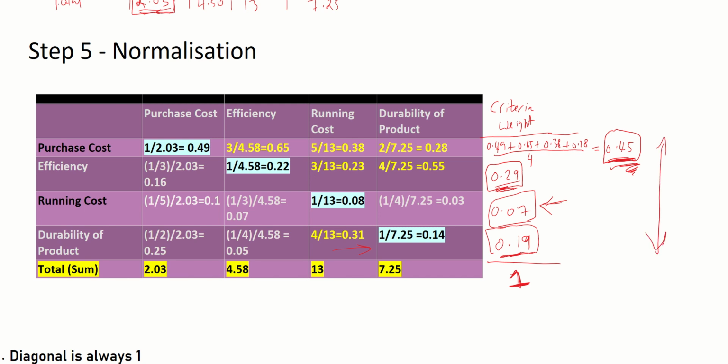So I would know after conducting this analysis that anything that impacts my purchase cost, because it's given the highest relative weight, any risk that impacts this cost would always have the highest priority in my priority risk list. Any risk that impacts the running cost would be given the lowest priority on the priority risk list.